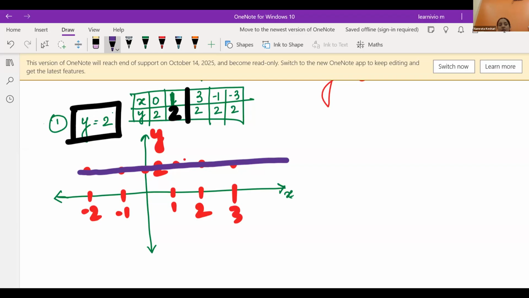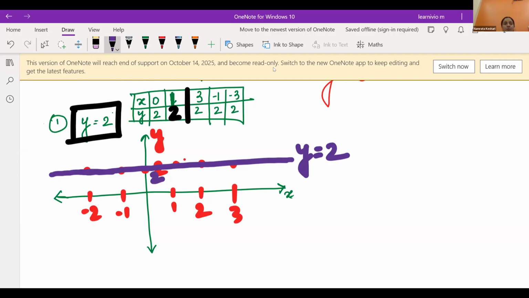If we have y equals 2, whatever x is, y is 2, and the graph will look like this, passing through this point. Are you getting how we have plotted the graph? Is it making sense?